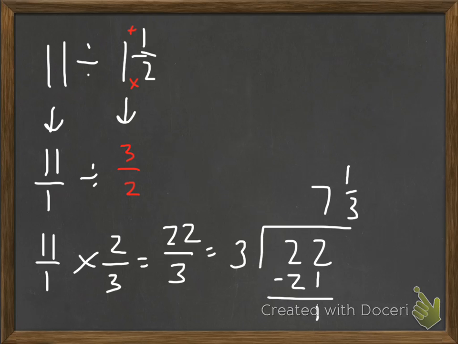So 7 1/3 would be your answer. These might confuse them because they're going to see a whole number and a mixed number. Just put the whole number over a 1, change your mixed number to an improper fraction, do the keep, flip, change, and then multiply. And then it becomes just a regular multiplication problem like we did in Chapter 10.